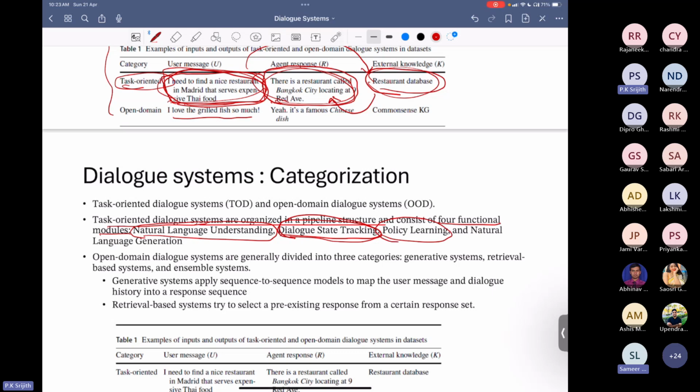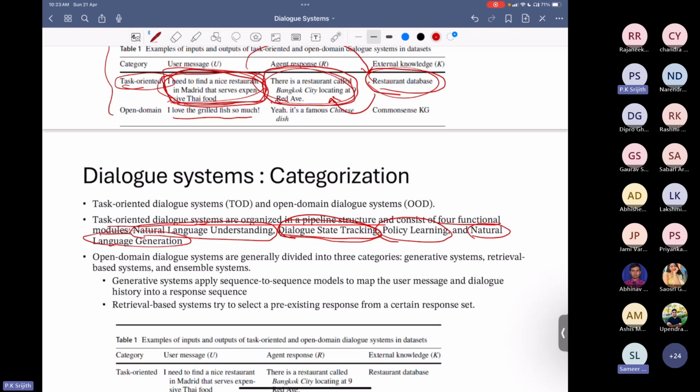And once, on the basis of the action, it receives some answer, to present that answer back to the user in natural language, there is a component called the natural language generation module. So these are the different modules present in a task-oriented dialogue system, which we will look at later. And when it comes to open domain dialogue systems, they are generally, there are three types of open domain dialogue systems.